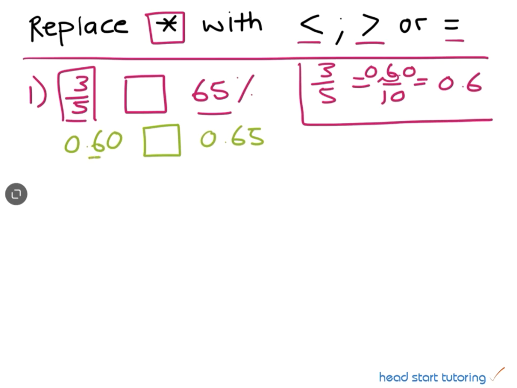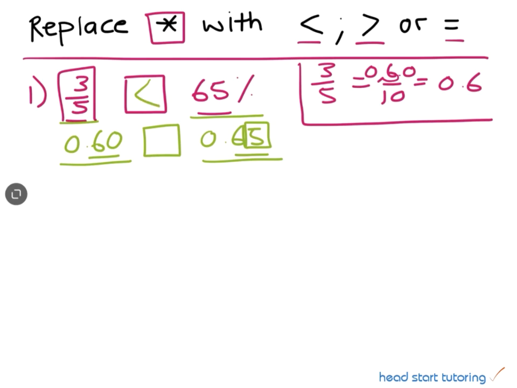So as you can see, we can now compare our decimals, and 0.60 is smaller than 0.65 because 0.65, or 65%, has 5 hundredths more than 0.60 or 3/5. So therefore we use our smaller than sign.